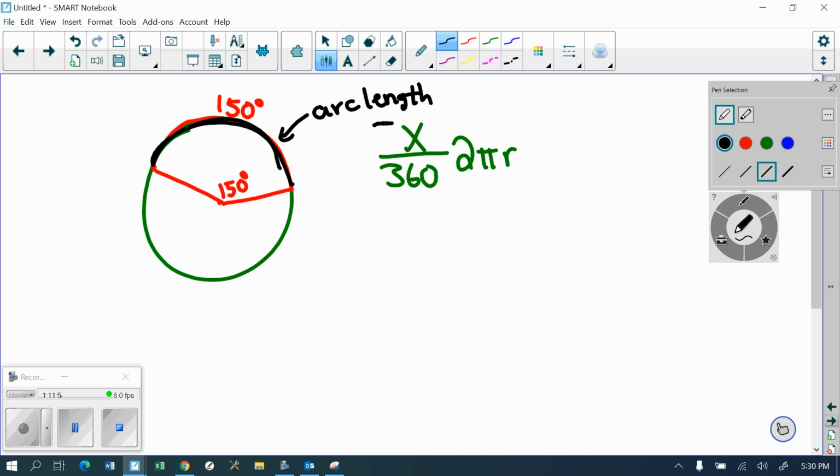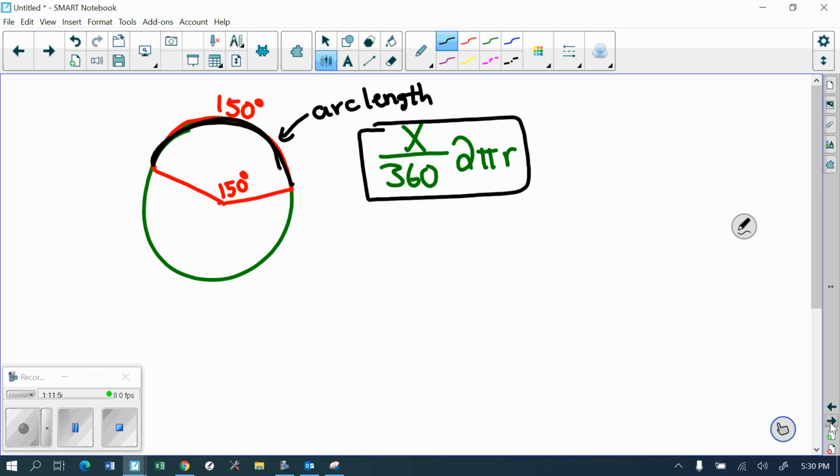So what do you think this formula is called? The arc length formula. It's a fraction of the entire circumference. Circumference right there, 2 pi r. There's my fraction. It's always over 360 because there are 360 degrees in a circle.